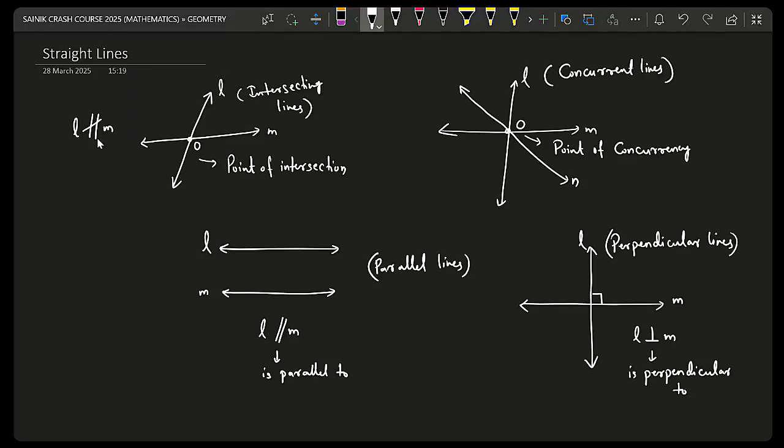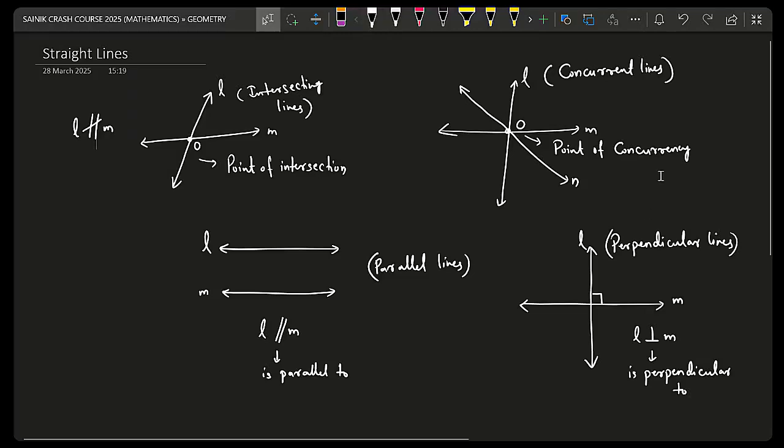Because on a plane, for two lines, there are only two cases. Either they are parallel or they are intersecting. Is any other case possible between them? No, sir. If they are not parallel, definitely they are going to intersect, right? So you can say L is not parallel to M, that means L is intersecting M. Okay?